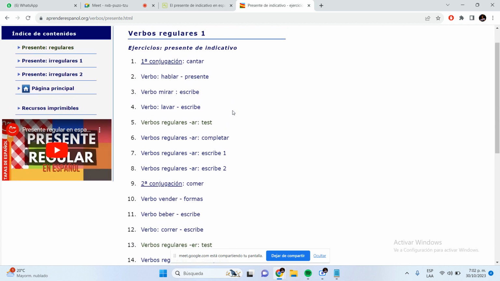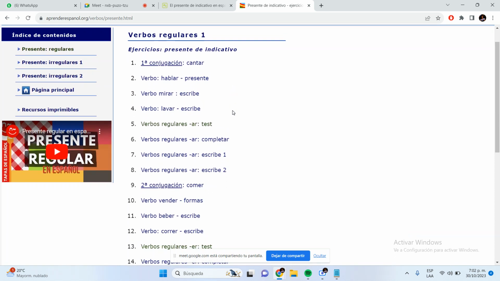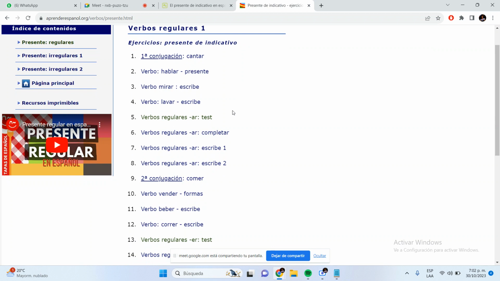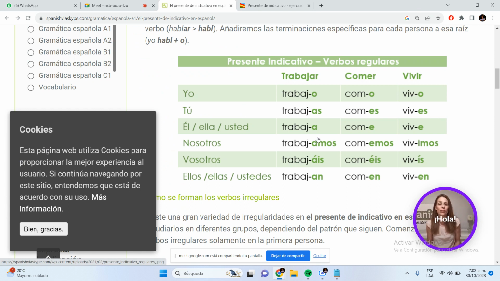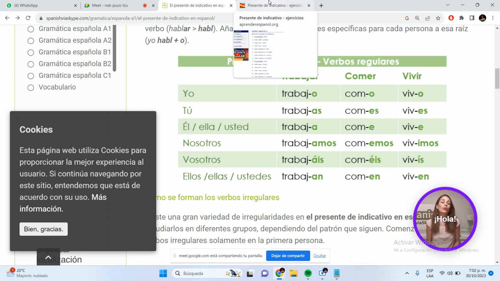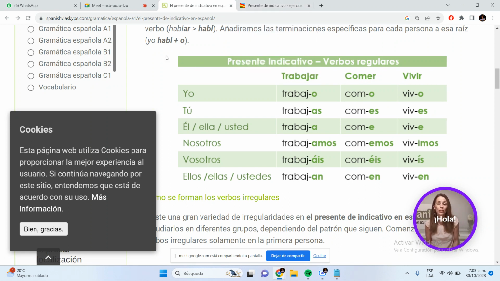So we're going to see AR verbs. Did you take notes on this? Yeah, I'm trying to. Perfect. If you want, I can take a screenshot and send it to you.